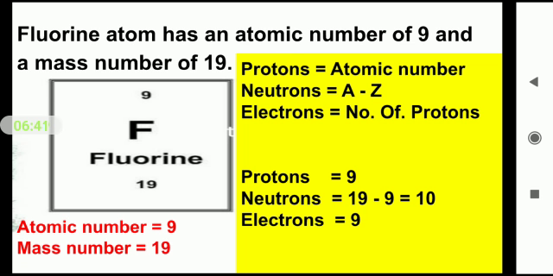There are 10 neutrons because the number of neutrons is always obtained by subtracting the atomic number from the mass number. So the number of neutrons in fluorine is 19 minus 9, which is equal to 10. There are 9 electrons because the number of protons and the number of electrons are always the same in an atom.